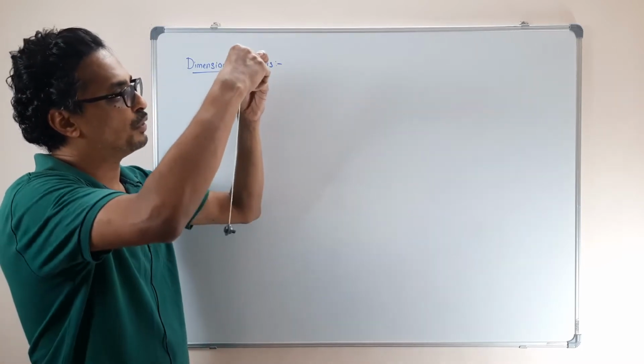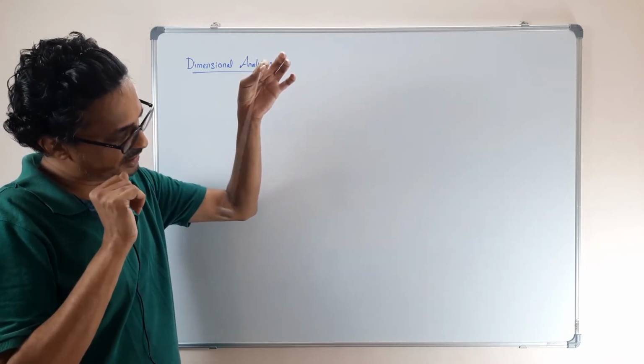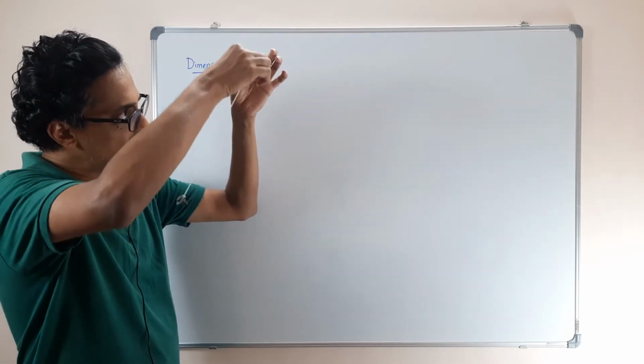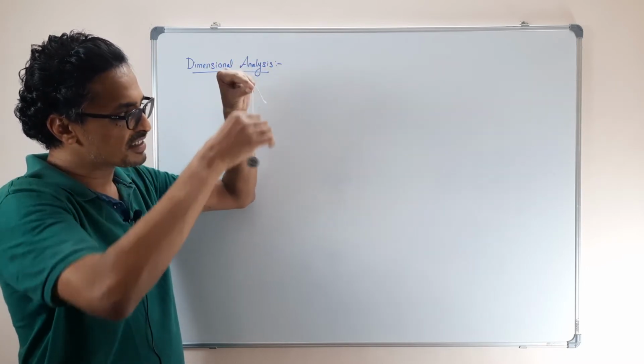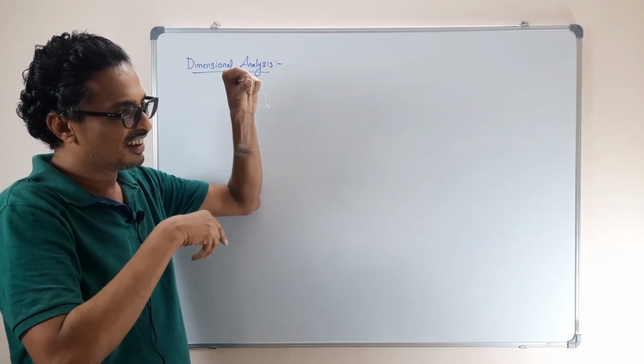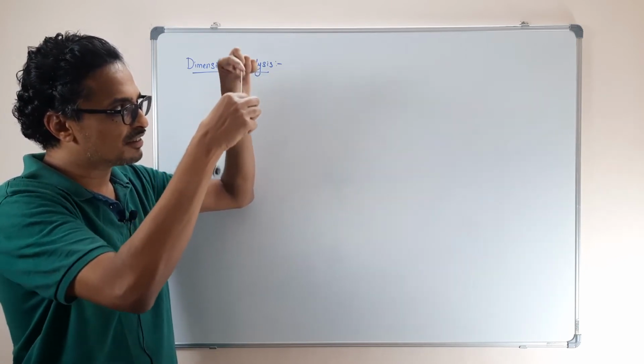What I know is, when I oscillate, it takes some time. The moment I reduce the length of it, it becomes faster, correct? Am I right? So that means it's going to depend upon the length, obviously.